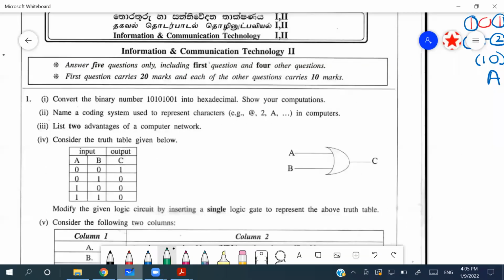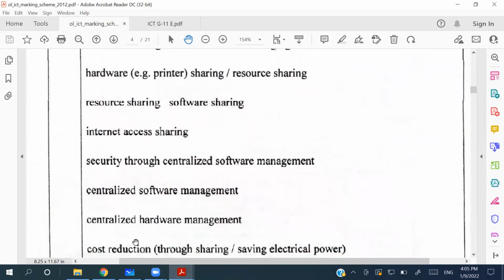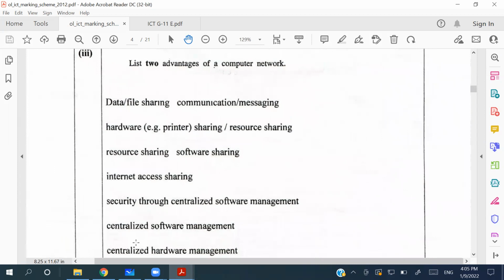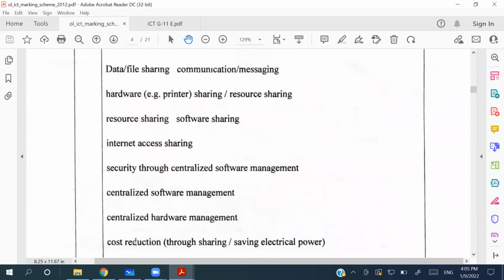And the third question: list 2 advantages of computer networks. These are the advantages that you can have from a computer network. And if you got any alternative answers, just let me know. Data or file sharing, or file communicating or messaging, hardware sharing or resource sharing, then software sharing, internet access sharing, security through centralized software management, and software can be managed centrally.